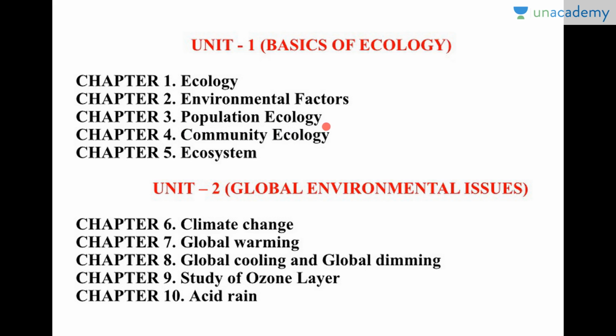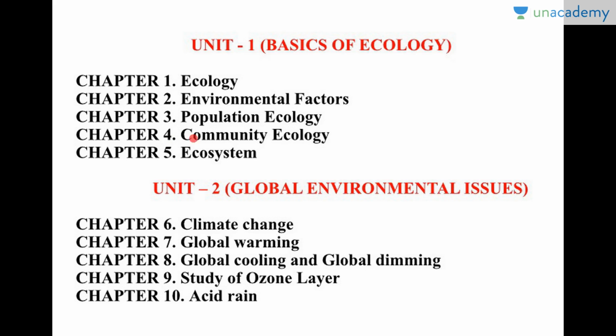In population ecology, guys, you can find growth curves, various survivorship curves, dispersal, migrations, lots of topics, even terms like keystone species, founder species, flagship species, lots of terminology. So these kinds of terms you can find in this chapter.